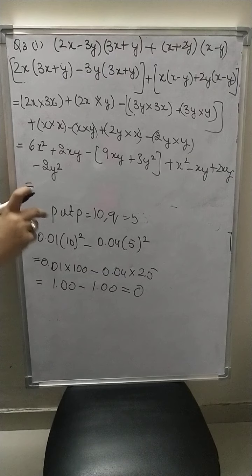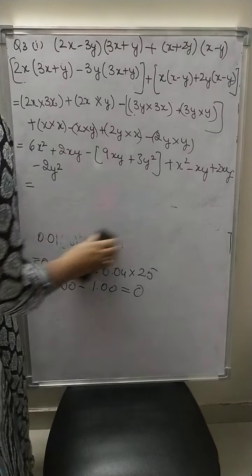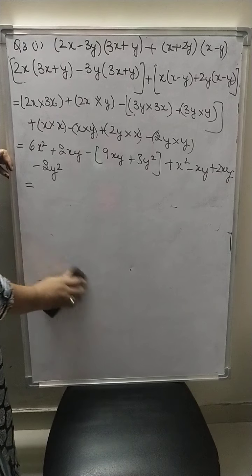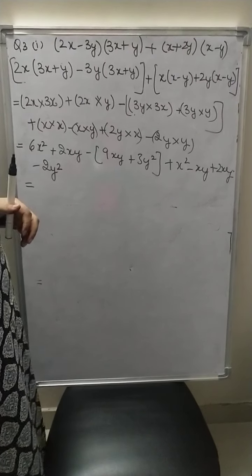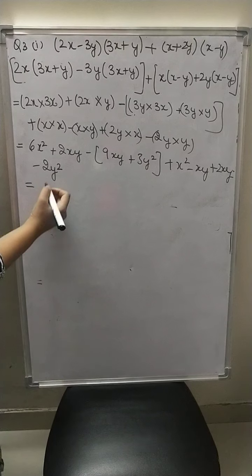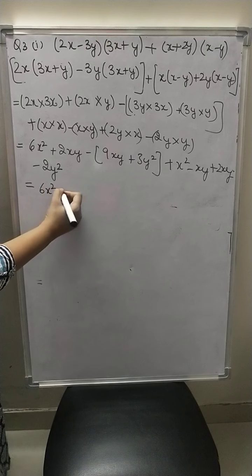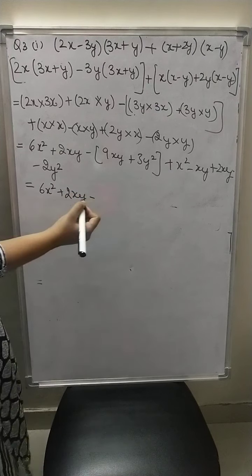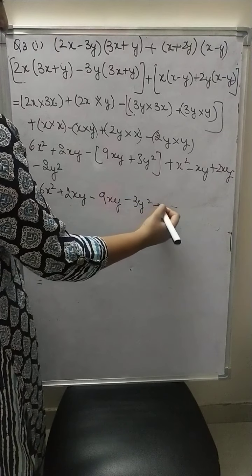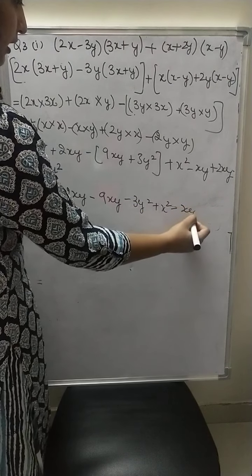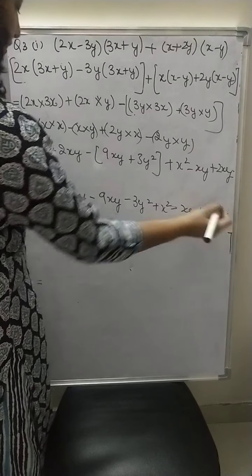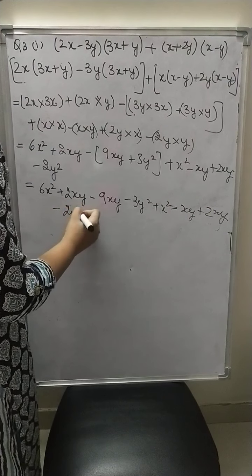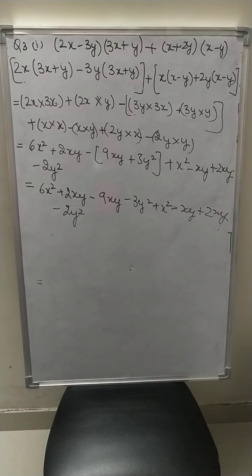So now that is equal to 6x square plus 2xy minus, I am opening the bracket now, minus 9xy minus 3y square plus x square minus xy plus 2xy minus 2y square. Now I collect the like terms.